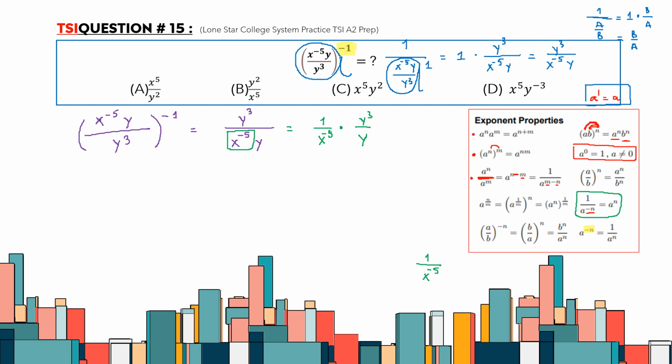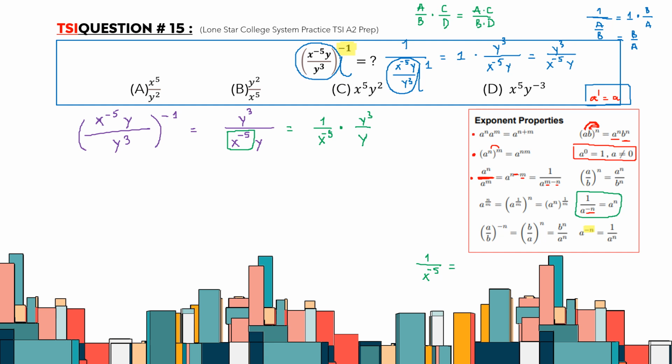Why can I do that? Because remember, if we have a fraction a over b multiplied by c over d, that's the same thing as a multiplied by c over b multiplied by d, top to top, bottom to bottom. So 1 multiplied by y cubed, I still get y cubed, and x to the power of negative 5 times y is still there. I just break it down into 2 fractions and work on one at a time.